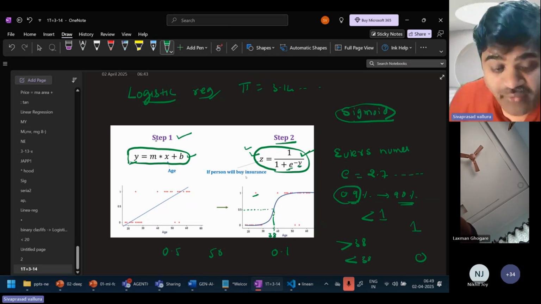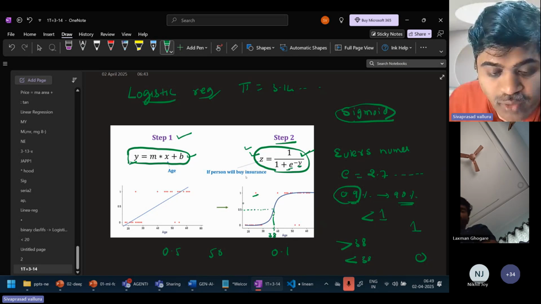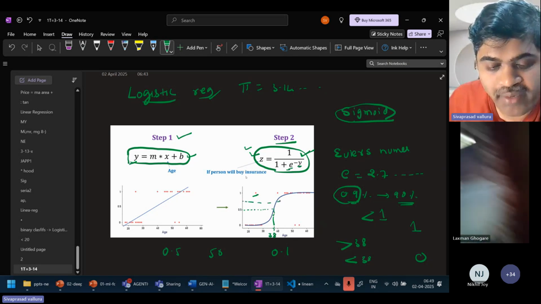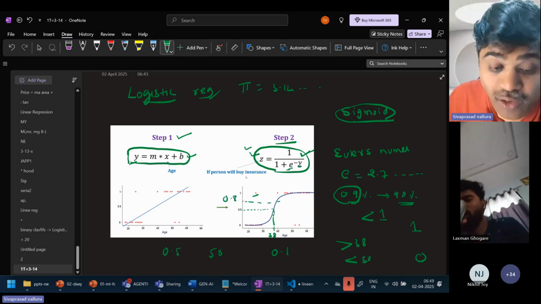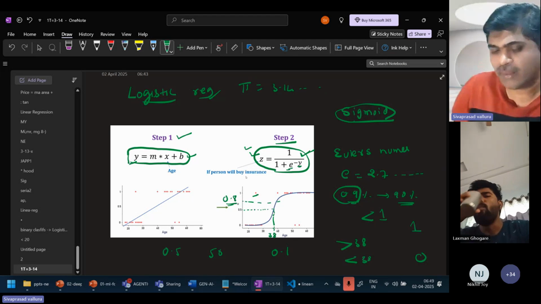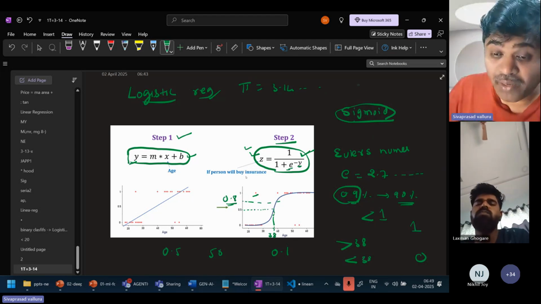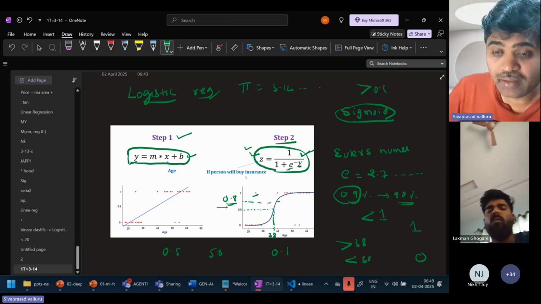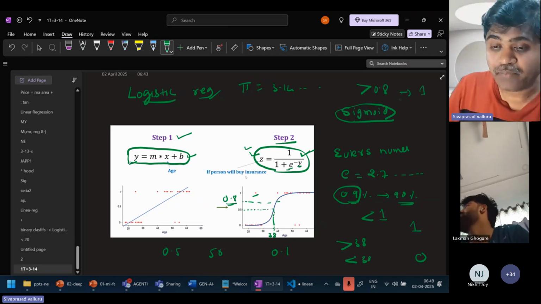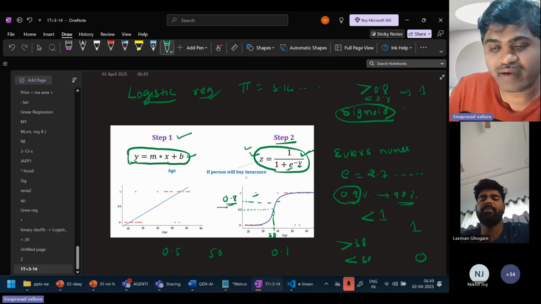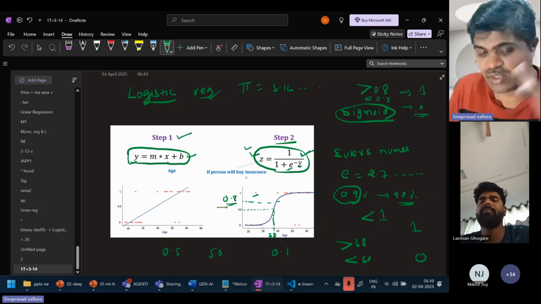But again, it is up to our logic. If we want to set this as 0.8, whenever we are writing or configuring our algorithm, we can say if the predicted value is greater than 0.8, consider it as buying; less than 0.8, consider it as not buying. It's up to us actually.